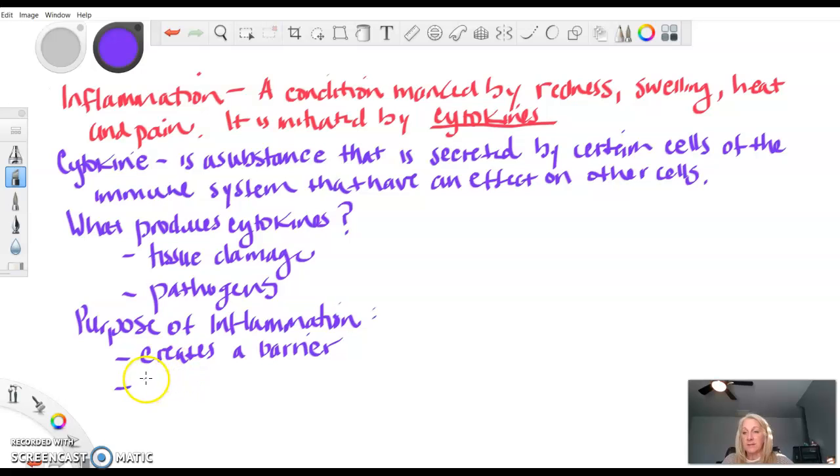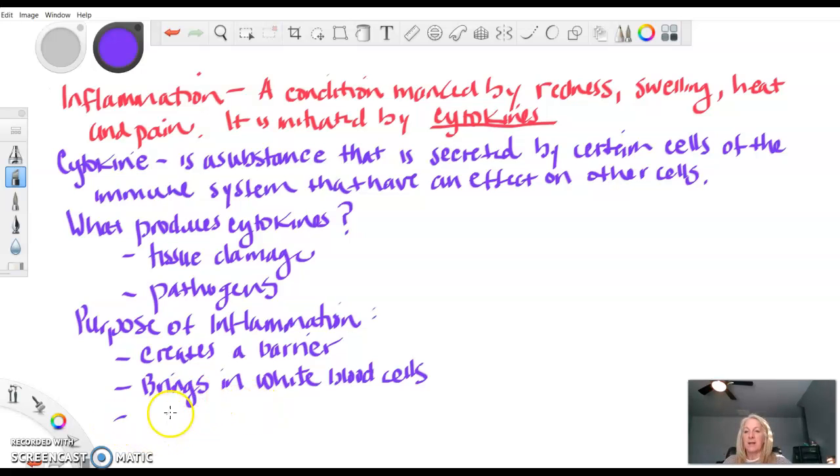Okay, it brings in help. So it brings in white blood cells. So white blood cells we need for clearing out bacteria, cleaning up the place, getting rid of debris and things like that from the injury site.